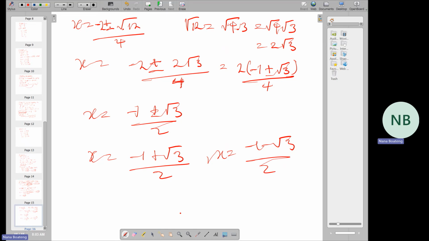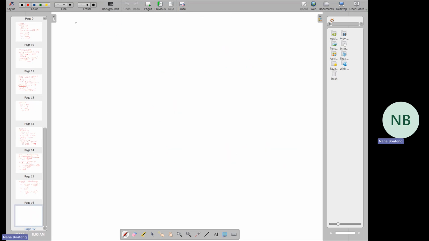All right, so this is how we use the quadratic formula to solve a quadratic equation. All right, so the next thing that we will discuss is the discriminant. I already mentioned it in the formula, but let's look at it again, the discriminant.